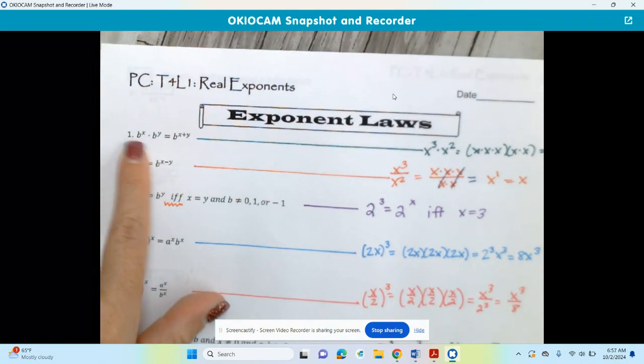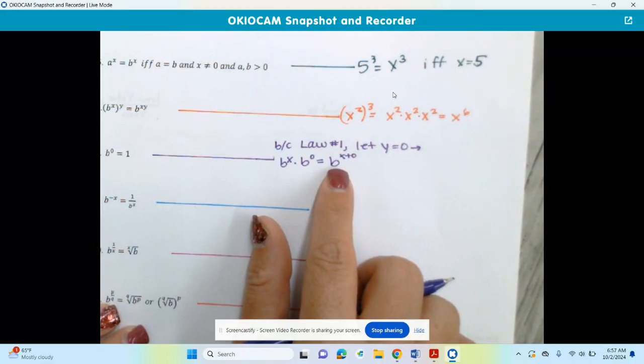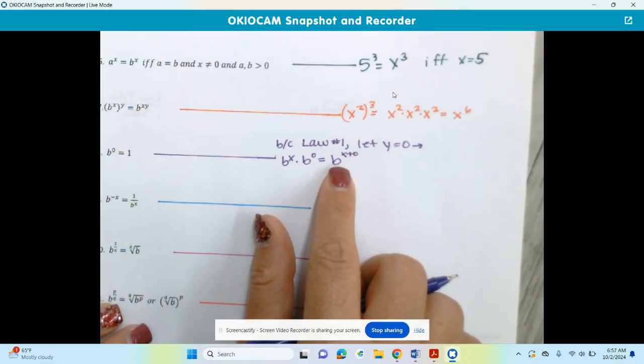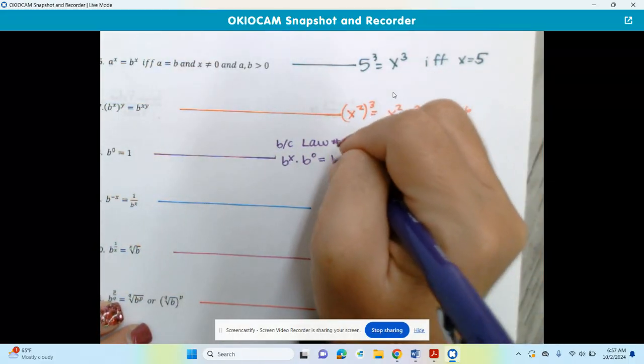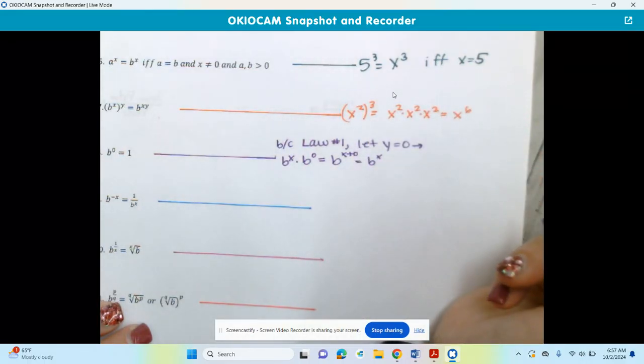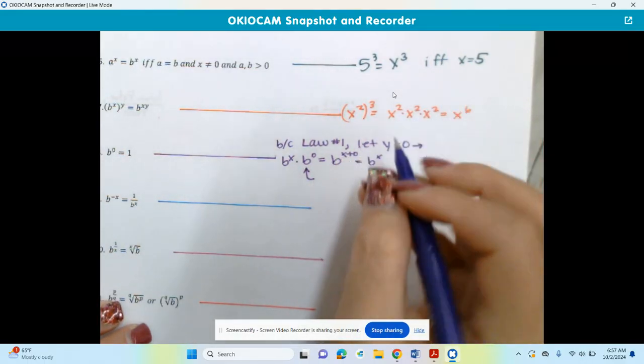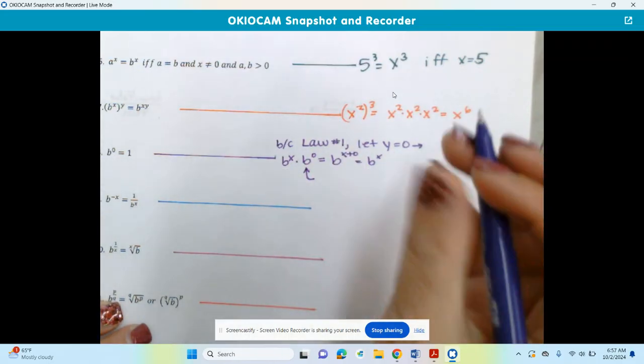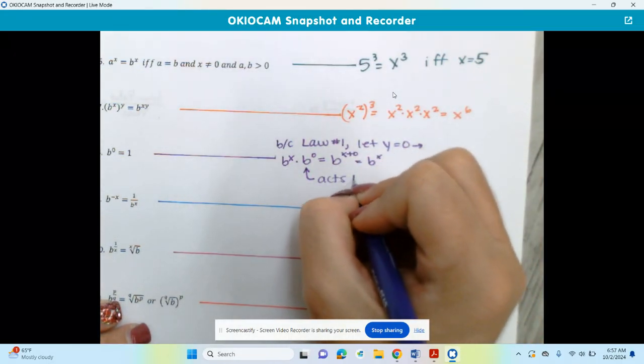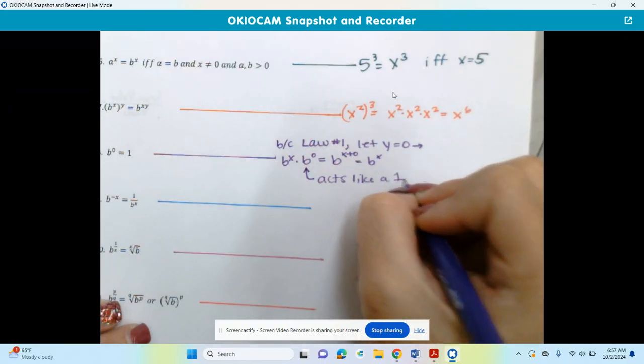So law number 1, we're way up here. That's what I'm doing. B to the x, let y equal 0. So b to the x times b to the 0 equals b to the x plus 0, which is the same thing as just b to the x. Therefore, it didn't change my answer, so b to the 0 is acting like a 1.